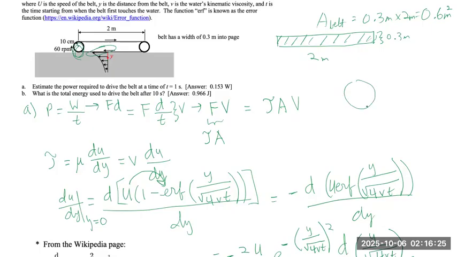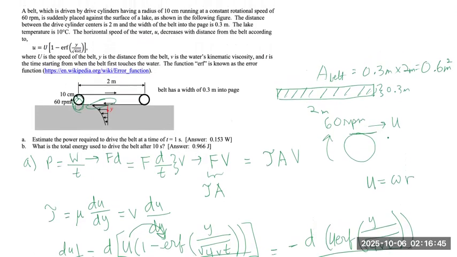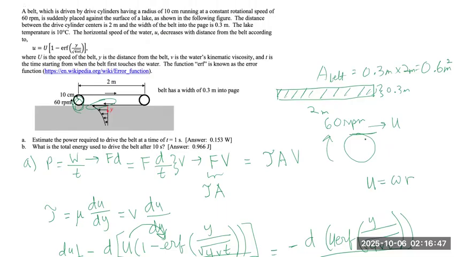So the wheel spins at 60 RPM, and it's going to have a tangential speed over here of u. And u is going to be related to the RPM by omega times r, where r is the radius of the drive cylinder, which is 10 cm.